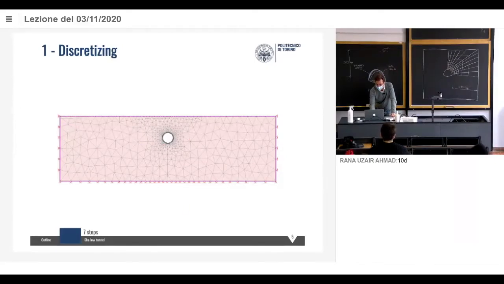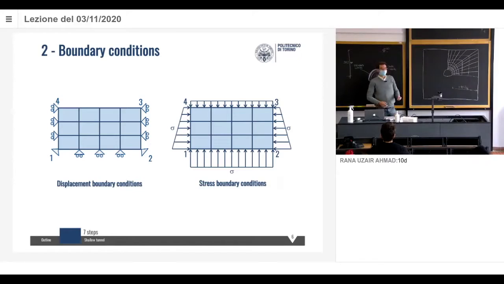Right. The next step is that of defining the boundary conditions. And also here we already said a few things earlier, because we said, okay, we can assume rollers, we can apply forces, stresses. So in a situation like this, and since this is a deep tunnel, I'll input rollers everywhere, which means that I will have a hinge here.